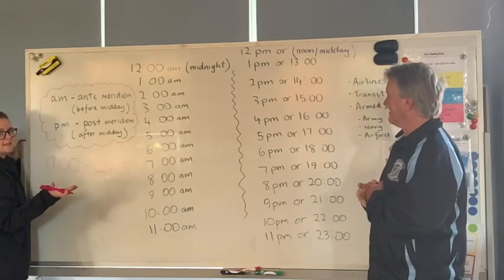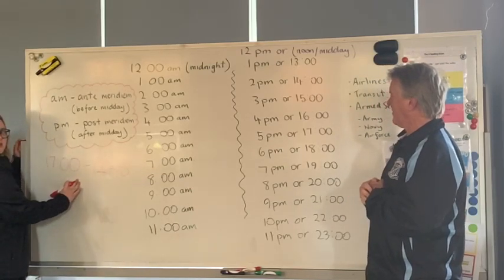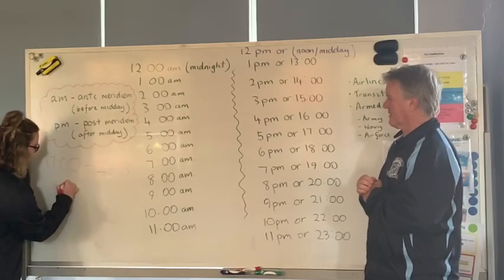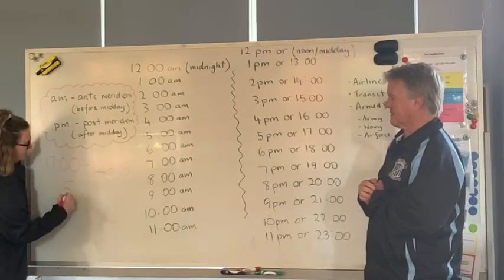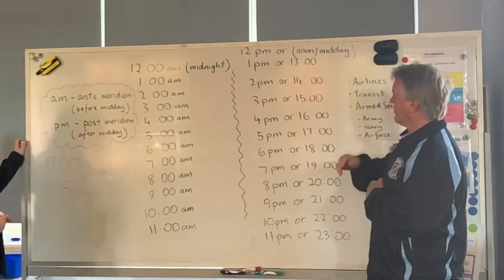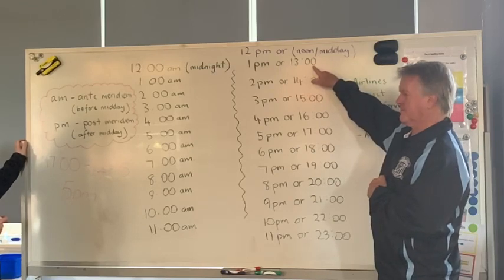So if the plane is leaving at 1700, I can work out that that plane is actually leaving at 5. And we know it's after midday, so it's going to be leaving at 5 p.m.